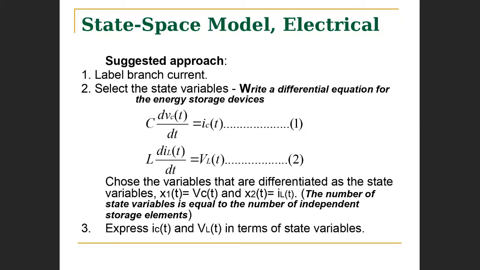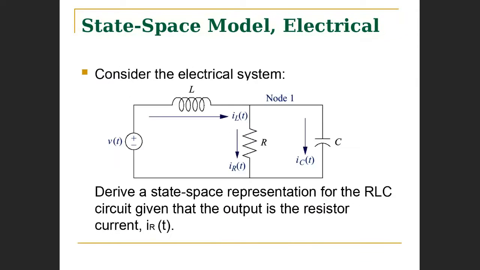First of all, we're going to write a differential equation for all the energy storage devices. And then we're going to choose the variables that are differentiated as the state variables. So let's now go back to the circuit for a while, just to recognize the elements in the circuit and determine what our energy storage devices are.